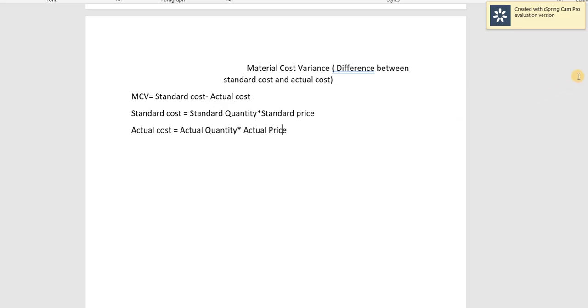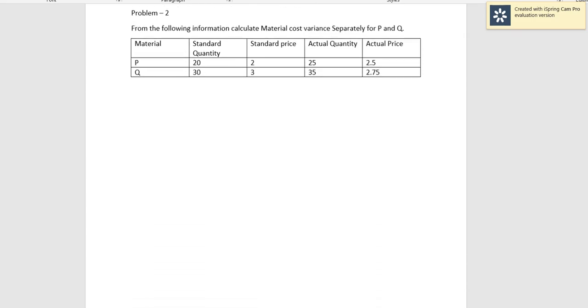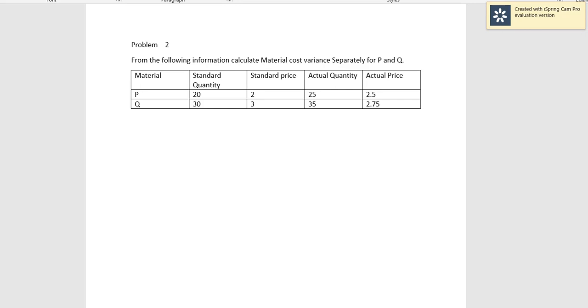Now, to understand this, we are going to solve one problem on material cost variance. See problem number 2 in standard costing. We have to find out the material cost variance.